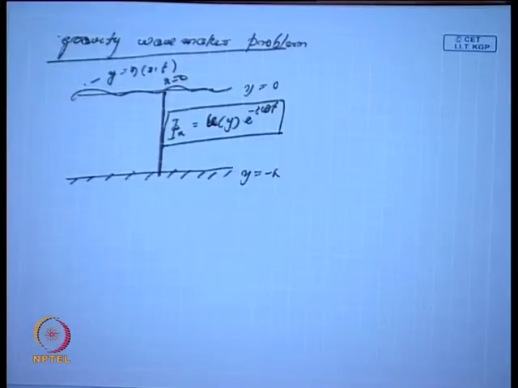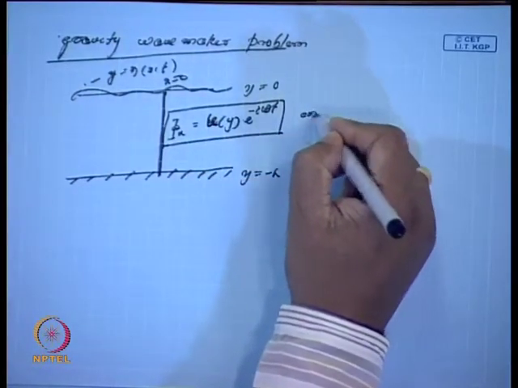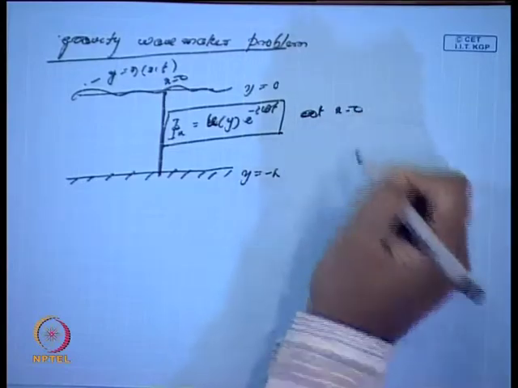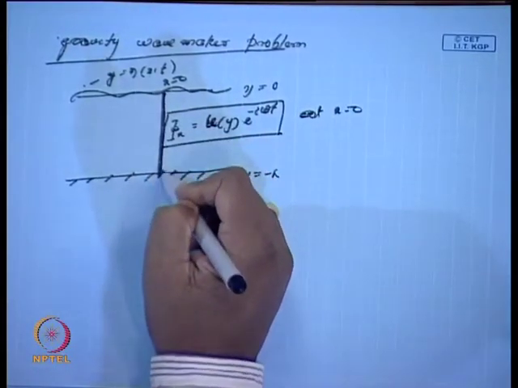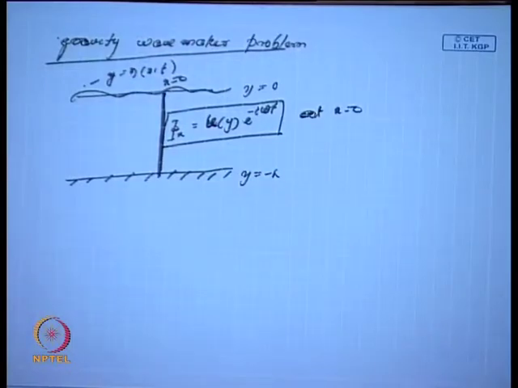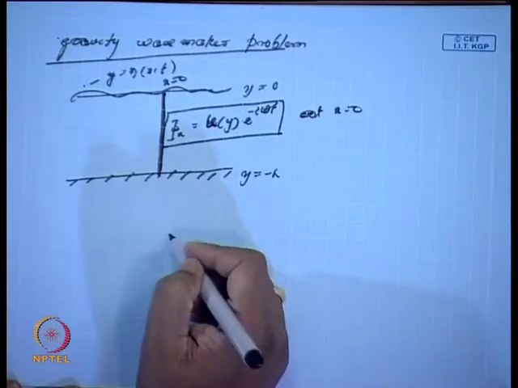In the horizontal direction, it makes an oscillation of this nature. And when I say phi x, this is basically at x is equal to 0. So, at the mean position about x is equal to 0, this wavemaker makes a small amplitude oscillation with frequency same as the wave frequency. Then what will happen to the wave?